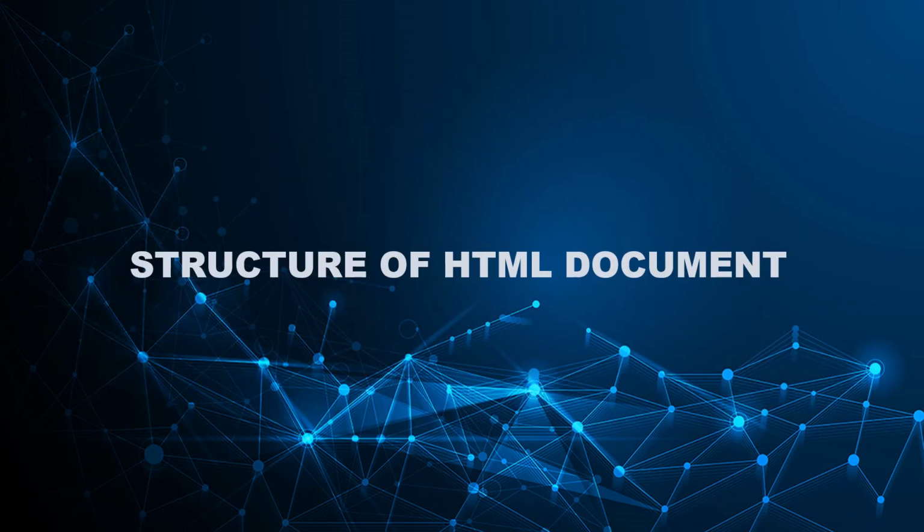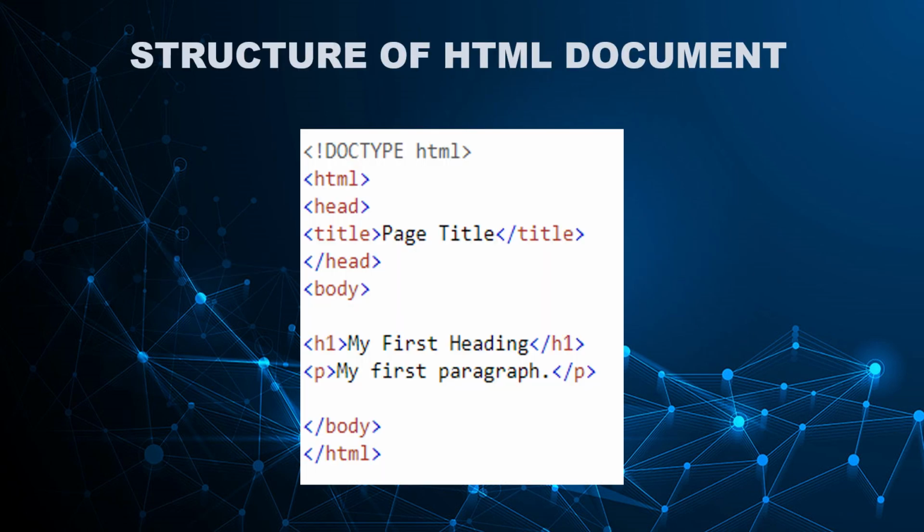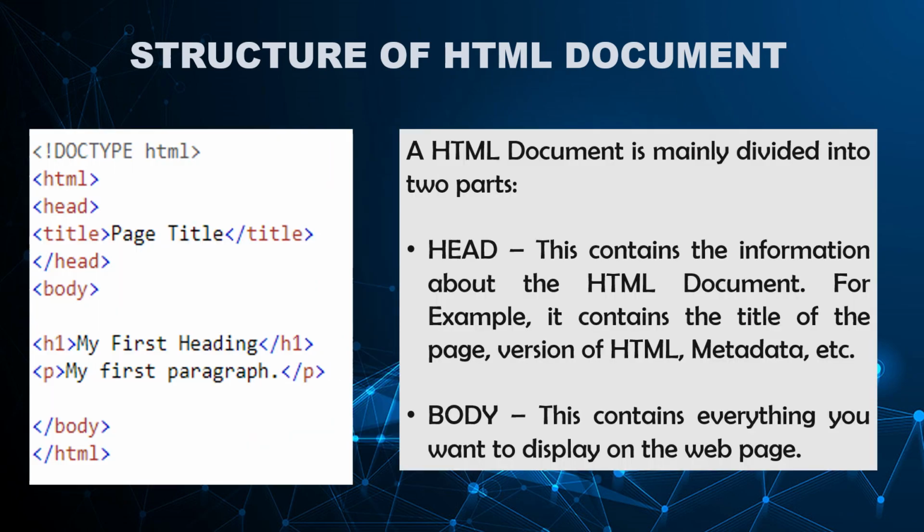Now let us see what is the structure of a HTML document. As you can see, this is the basic structure of a HTML document. It mainly consists of tags which are enclosed within angular braces. The structure of a HTML document is mainly divided into two parts, that is the head and the body.